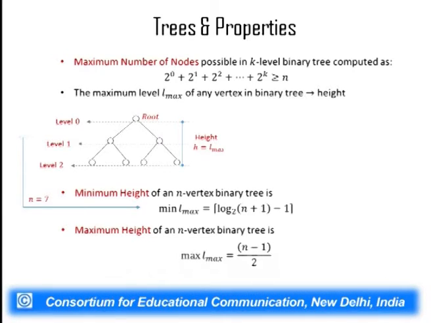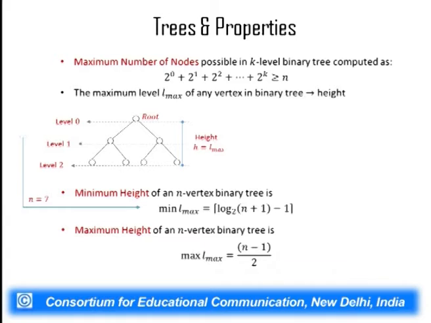So whatever be the minimum or the maximum case, the level has to be maximum. Whatever the maximum value of the level is, it will be the height of the tree. Okay. So in this case the value of L max is 2, so the height is 2. But given this arrangement, the minimum criteria will apply.